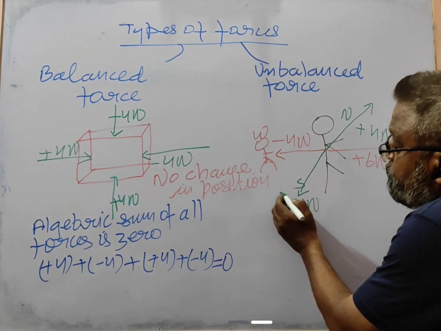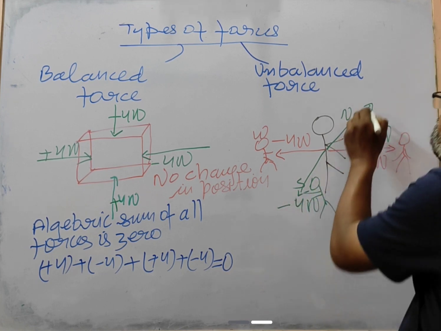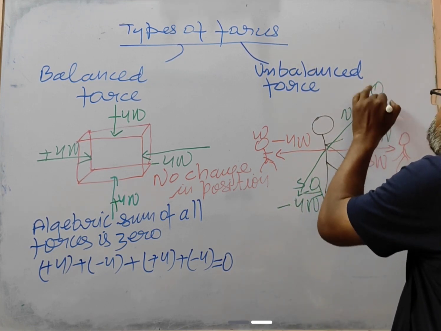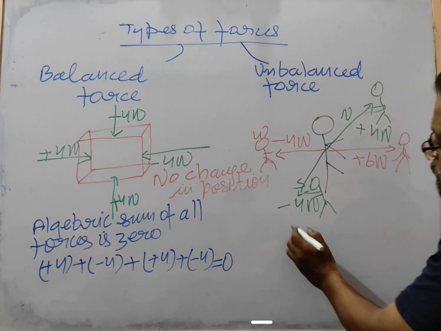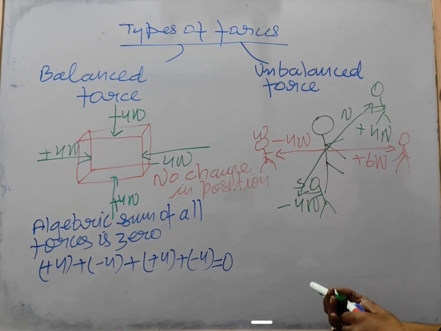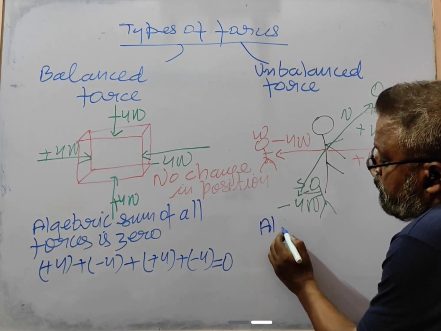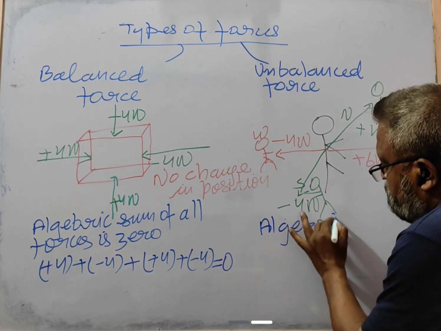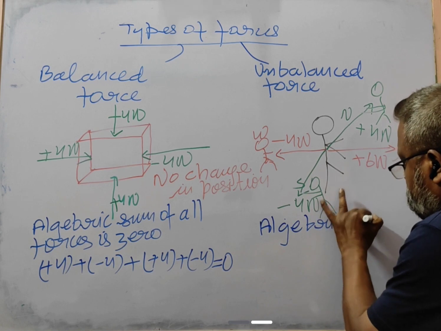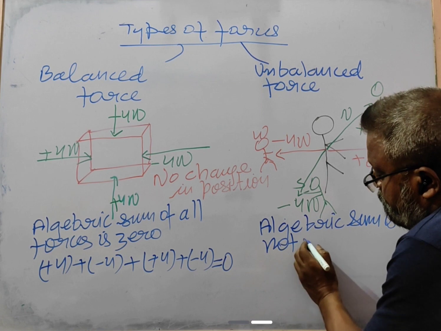These are also students who are stretching, right? This is also a student who is stretching. So what happens? The overall algebraic sum is not zero, right? Algebraic sum is not zero, right?